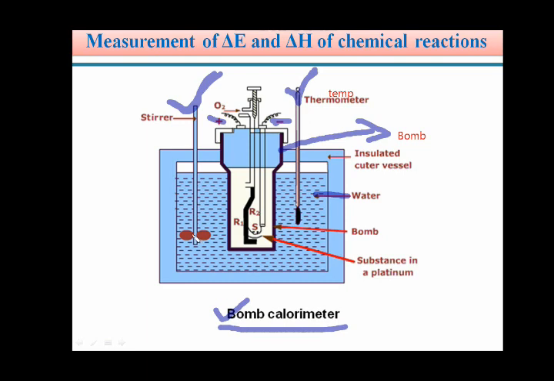At the bottom of this stirrer there are blades. These blades rotate the water, so it behaves like a fan in our home. It circulates the water through the entire vessel. Why did we place this stirrer here? To maintain a uniform temperature in the water.